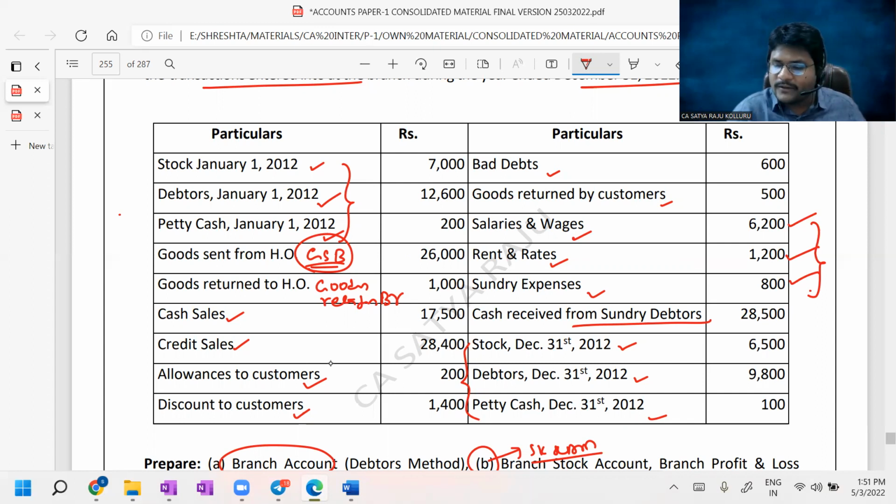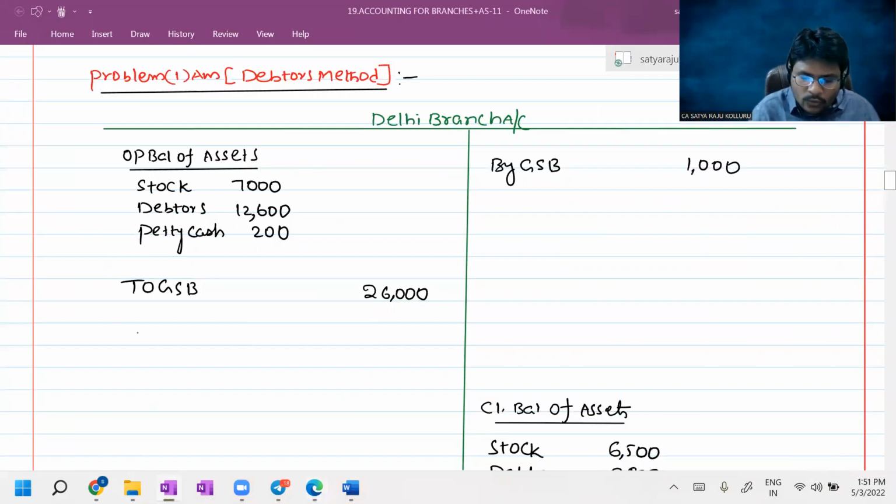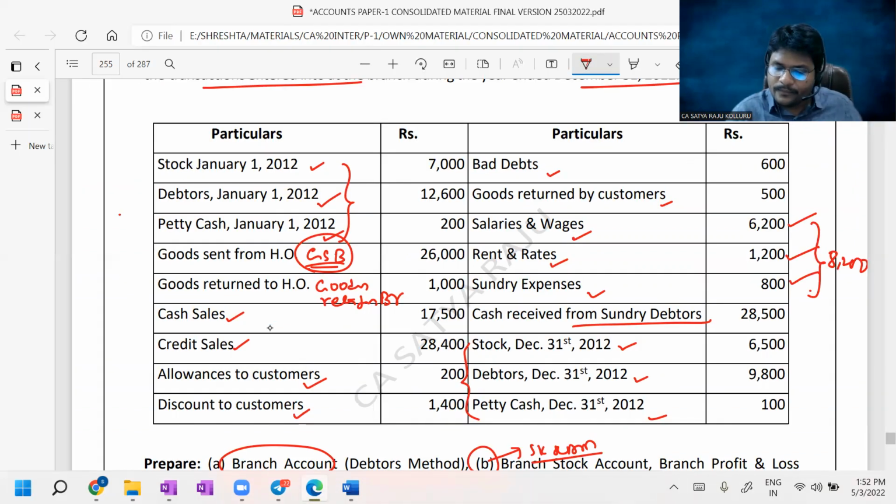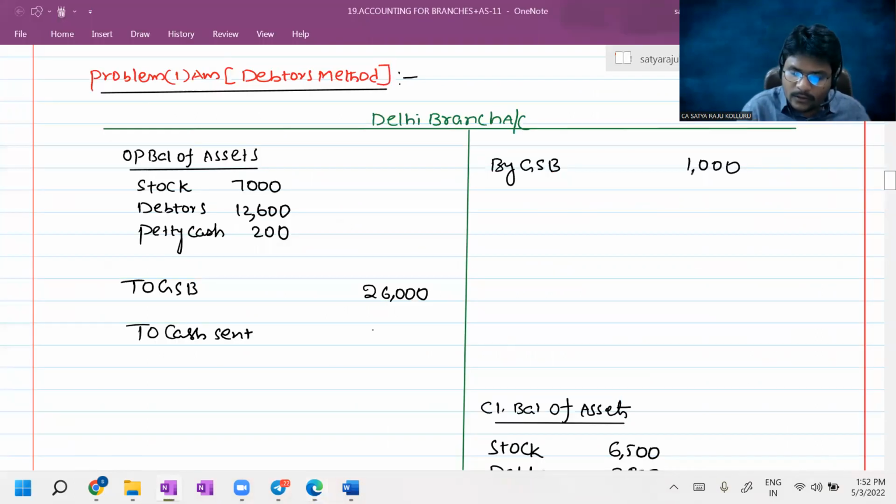So the total is 8,200. So this step, cash sent to branch, or simply cash sent, as you wish. How much? 8,200. Now in the same way, you need to work out cash remitted.